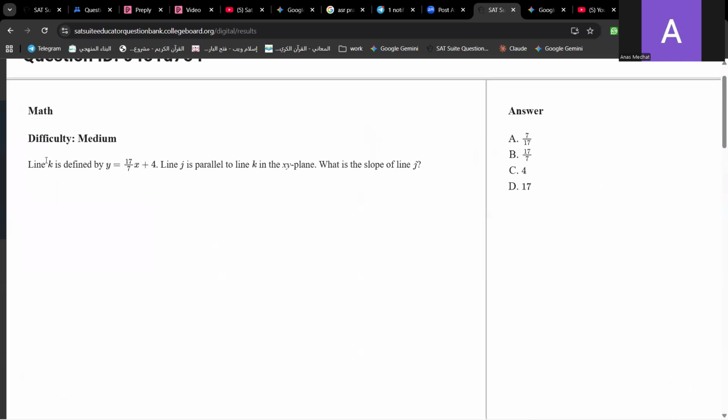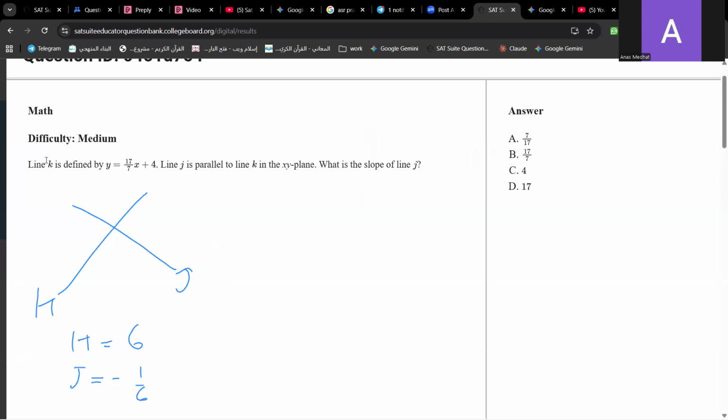Let me review this with you. When you have perpendicular lines, let's say K and J, if K is 6, for example, J would be 1 over 6.